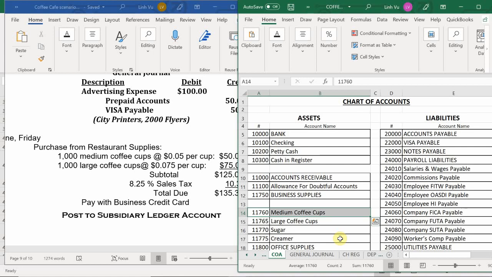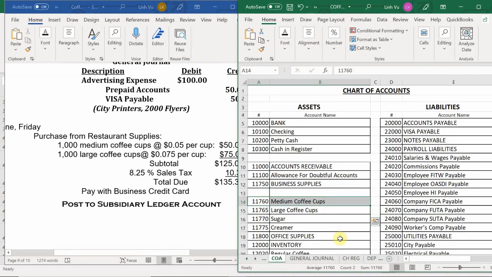Then at the end of the day, I can use what's called cost of material: how much did it cost me to sell this product, since I'm selling the coffee in the store? How many items did I use in order to sell my coffee? That's how I want you to keep track of it. I don't want you to put it as inventory. I'd rather use it as business supplies.